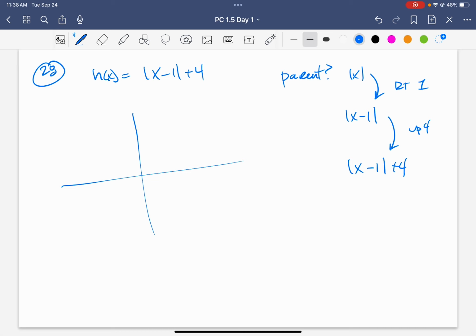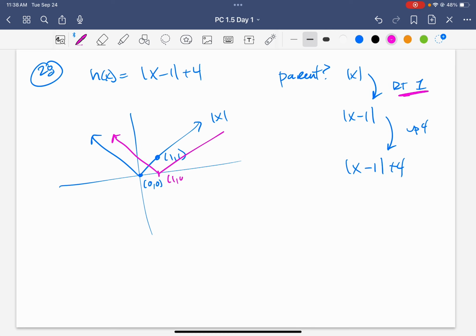So let's do that. I start off with absolute x, which has the points 0, 0 and 1, 1 on it. So that's absolute x. And then if I move right 1 first, then now I am here. And now I have the points 1, 0 and 2, 1 on my graph, because I added 1 to everything because I moved right.